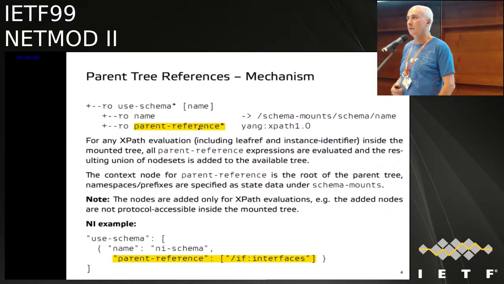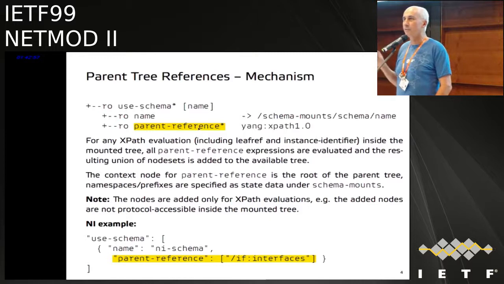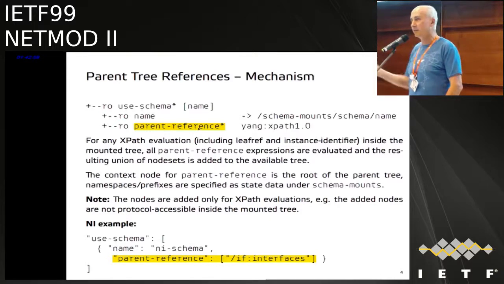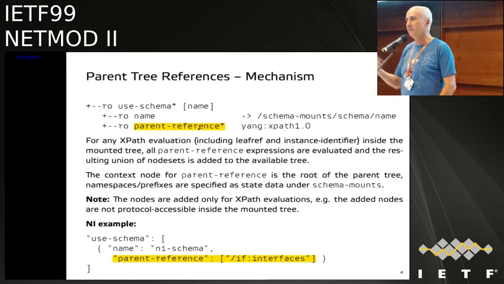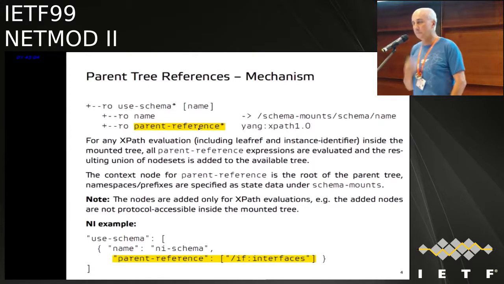Okay, but the interface tree itself is not available here. It's available only in the context of an evaluation such as a when statement or must statement. Inside the mounted tree, you can't use RESTCONF, for example, to get these interfaces. They are not there. They are only added for the purpose of XPath evaluation. Got it. Okay. Thank you.